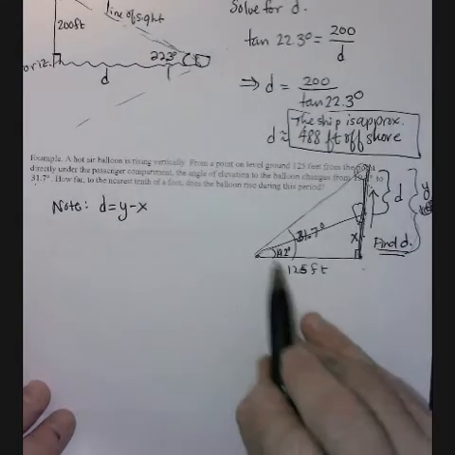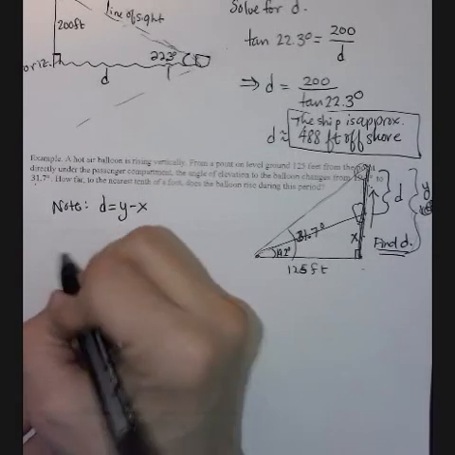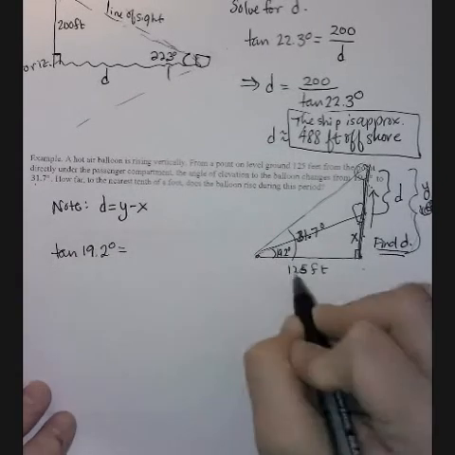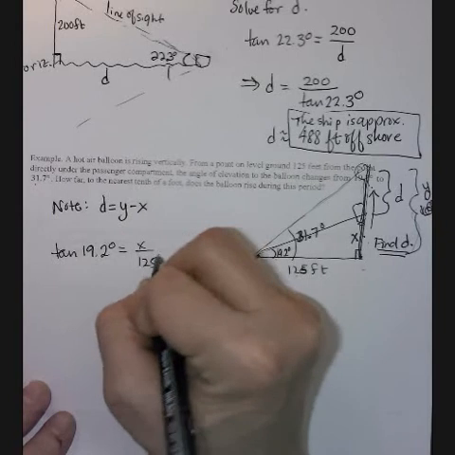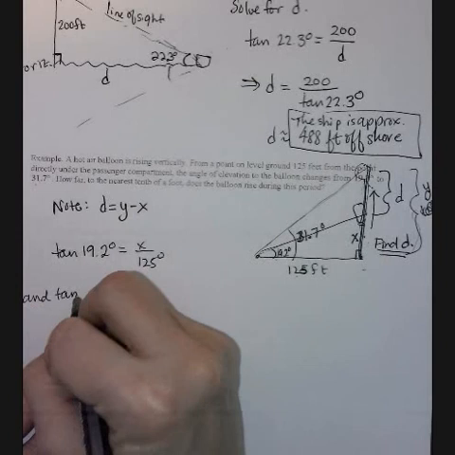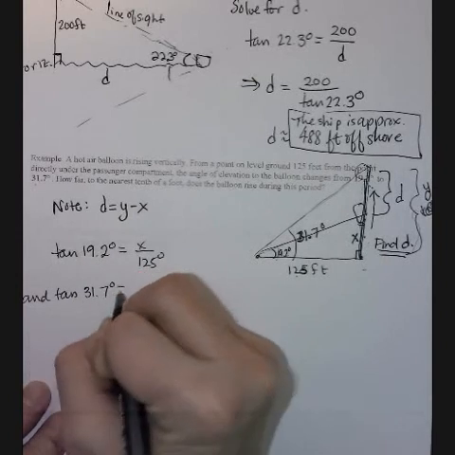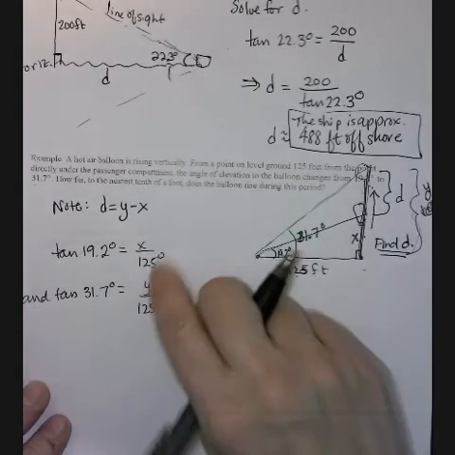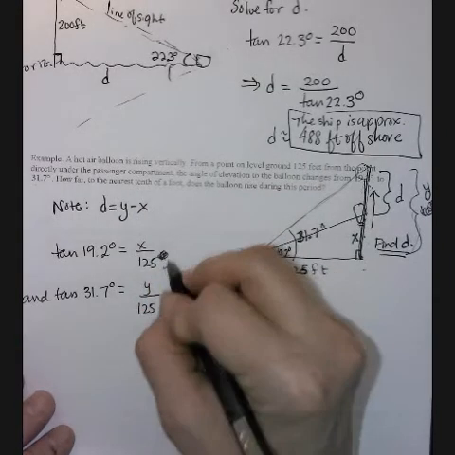Okay, so tangent of 19.2 degrees is X over 125, that we know, and tangent of 31.7 degrees is Y over 125. Why did I put degrees there? That's feet. We don't need to put that label in there.